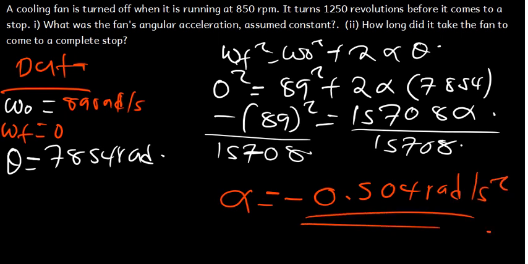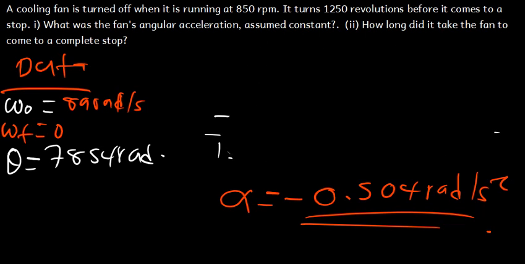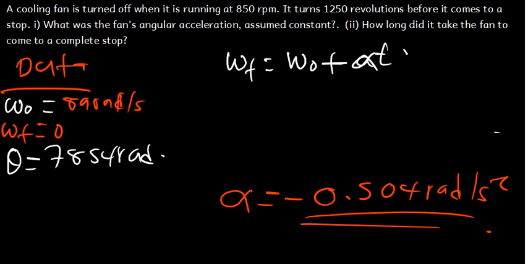Part 2 is asking how long it took the fan to come to a complete stop, so we want to find the time. Since we have the angular acceleration, we can use the formula angular velocity final equals angular velocity initial plus angular acceleration times time.